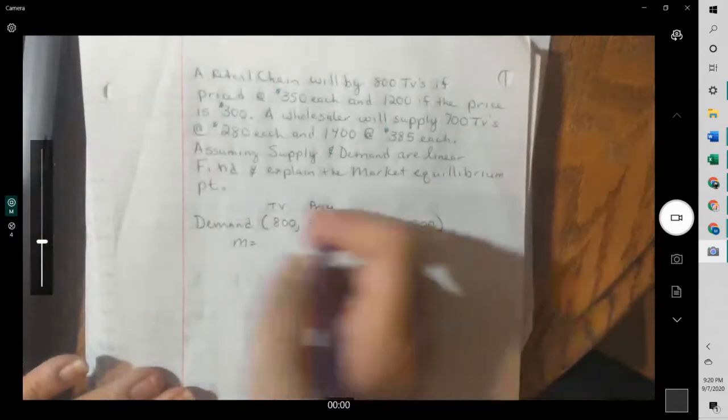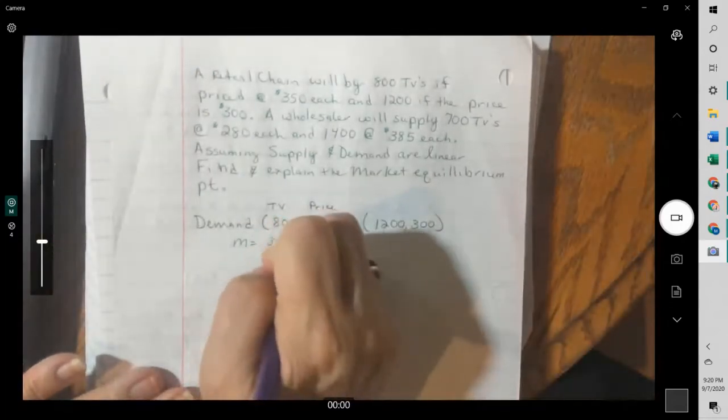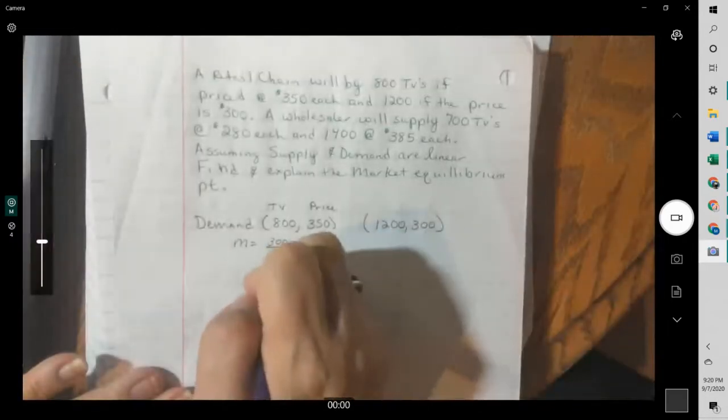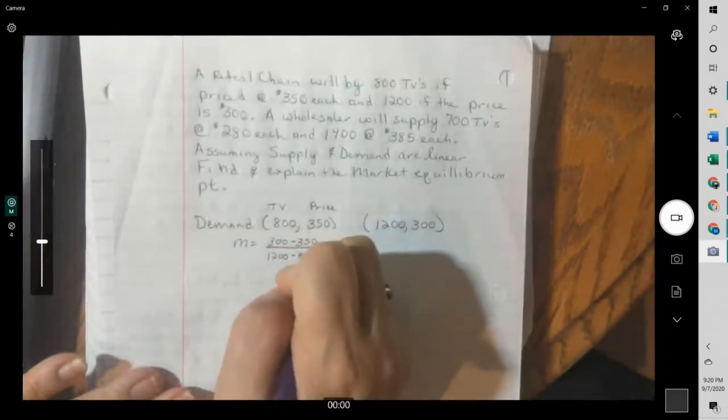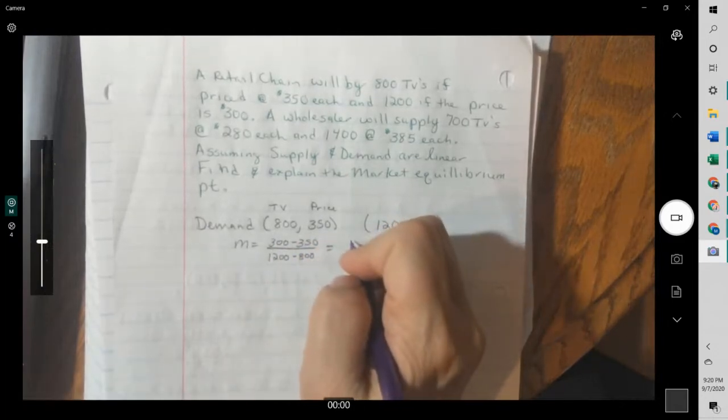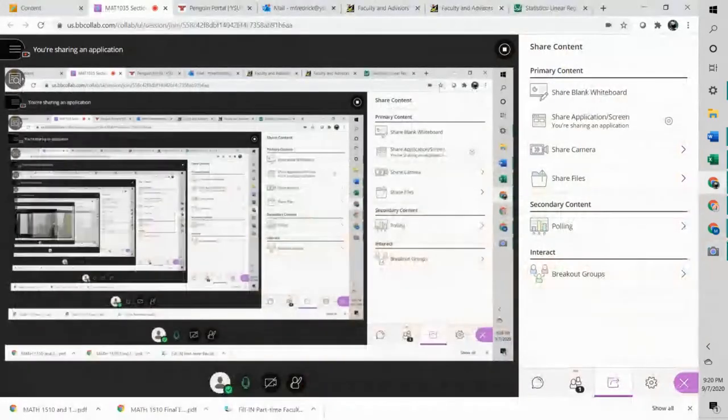First, you find your slope, change in y, 300 minus 350, over the change in x, 1,200 minus 800, equals negative 0.125 when I plug that in the calculator.